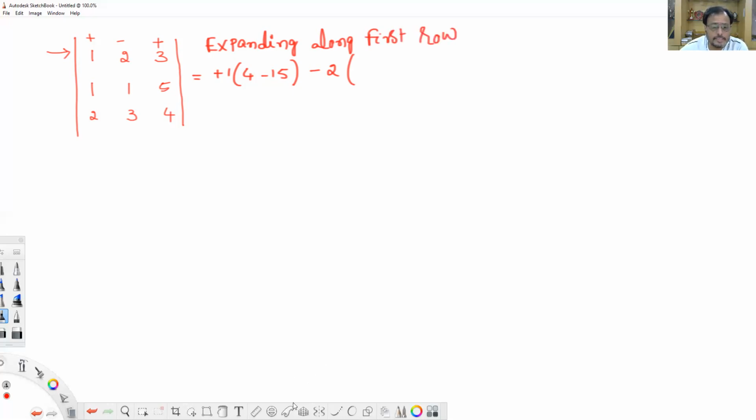Now for the 2, delete its row and column: 1 into 4, 4 minus 10. Then plus 3, where the row and column are deleted: 3 minus 2.